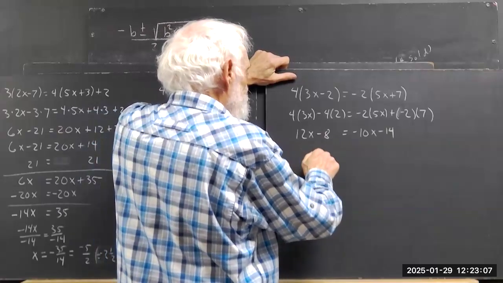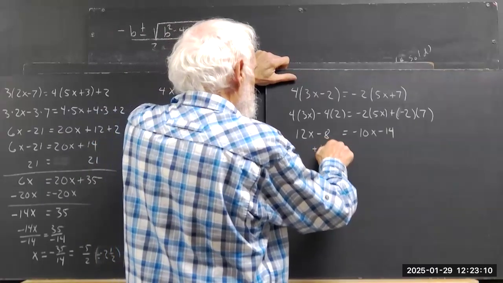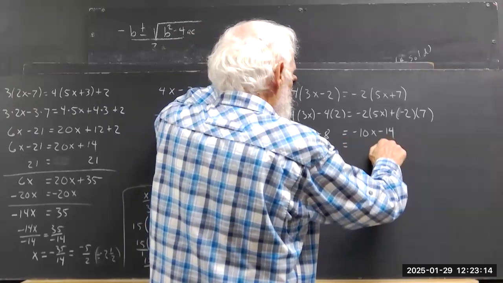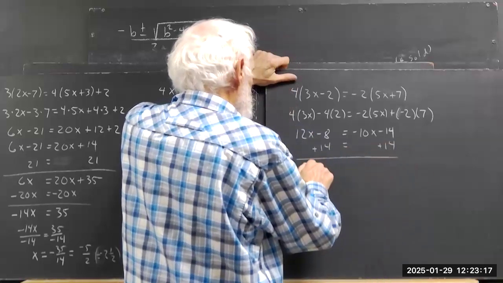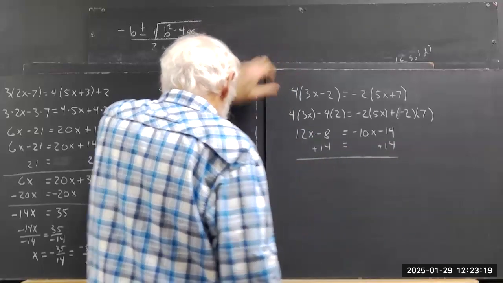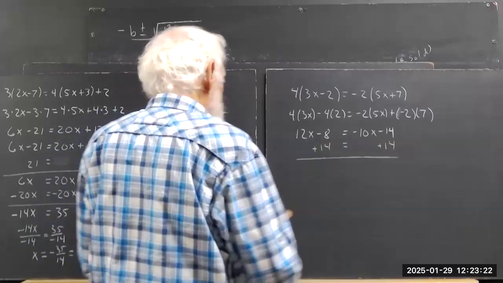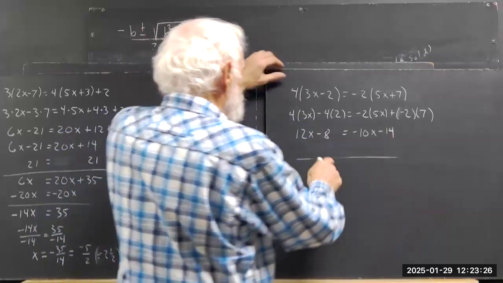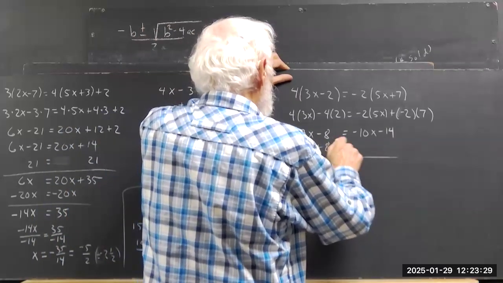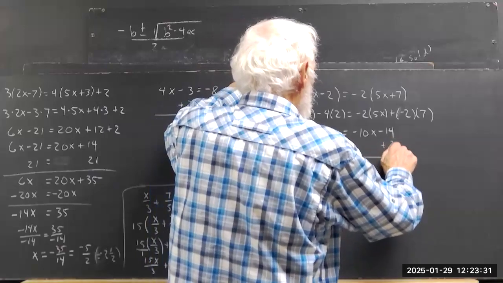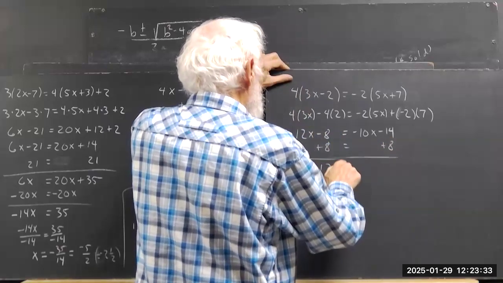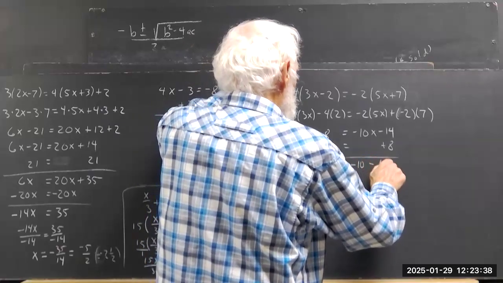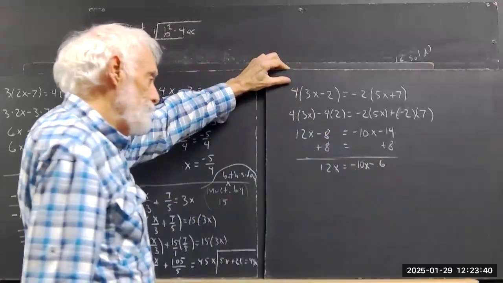Then we're going to add 14. Add to the equation 14 equals 14. Yeah, I guess. What am I doing? I didn't do that. But add 8 to both sides. We're going to get 12x equals negative 10x minus 6.